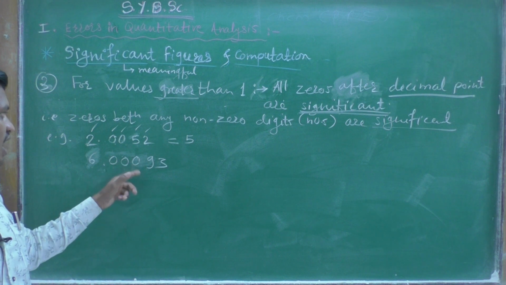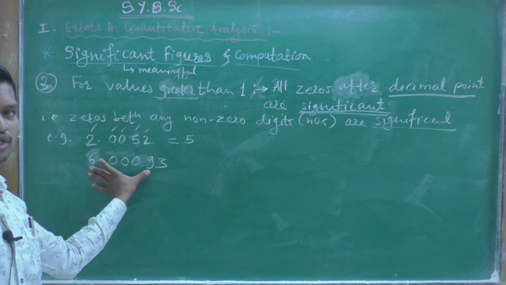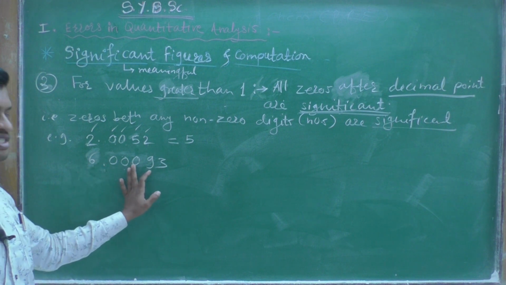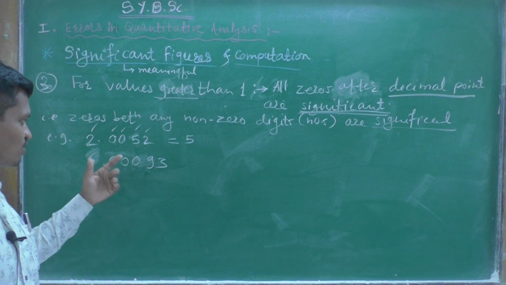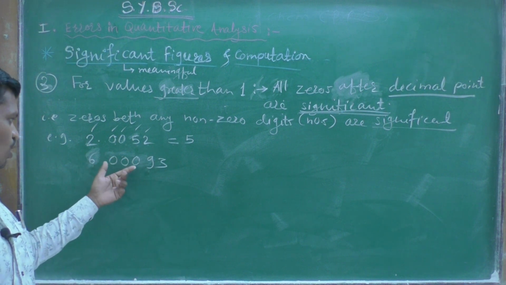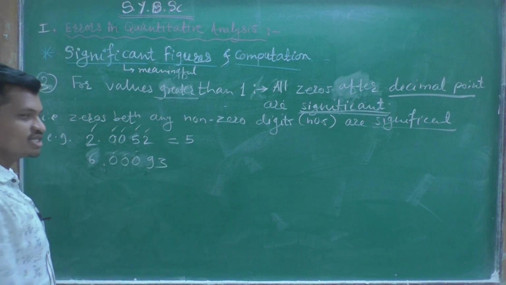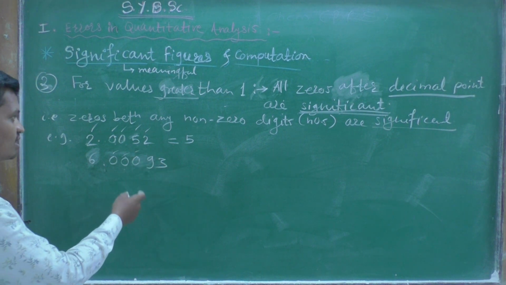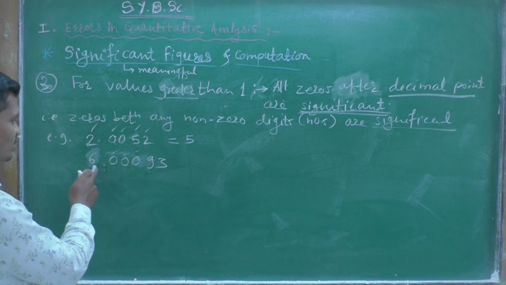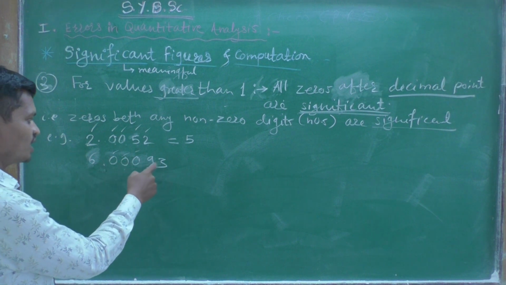All these three zeros are in between two non-zero digits. The first digit is 6, the second digit is 9. Both are non-zero digits, so all these three zeros are significant. So 1, 2, 3 all are significant, the 6 is significant, 9, 3 all are significant. So the significant figures for 6.00093 are 1, 2, 3, 4, 5, 6.